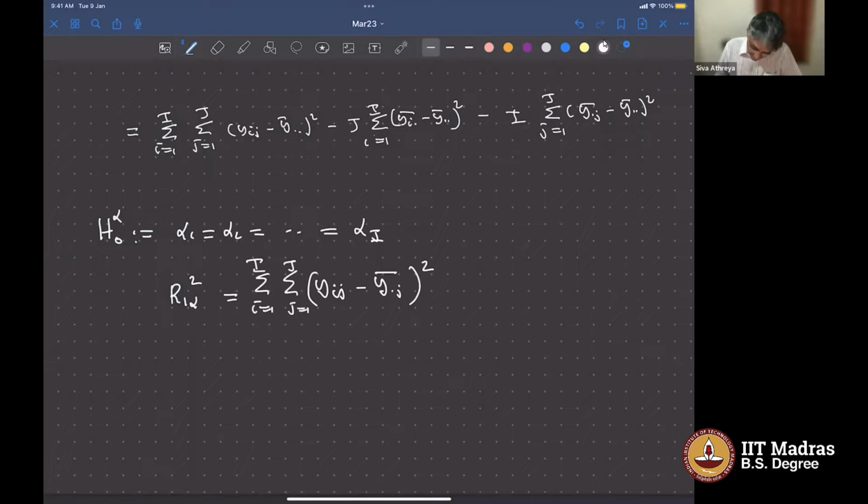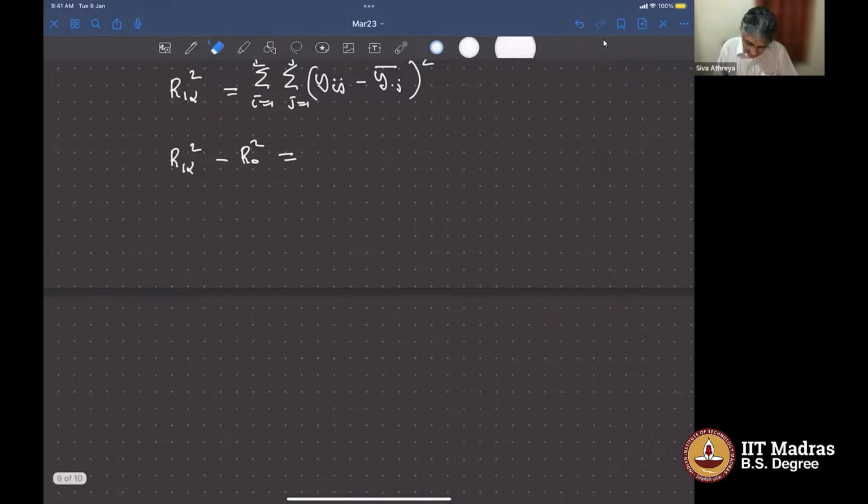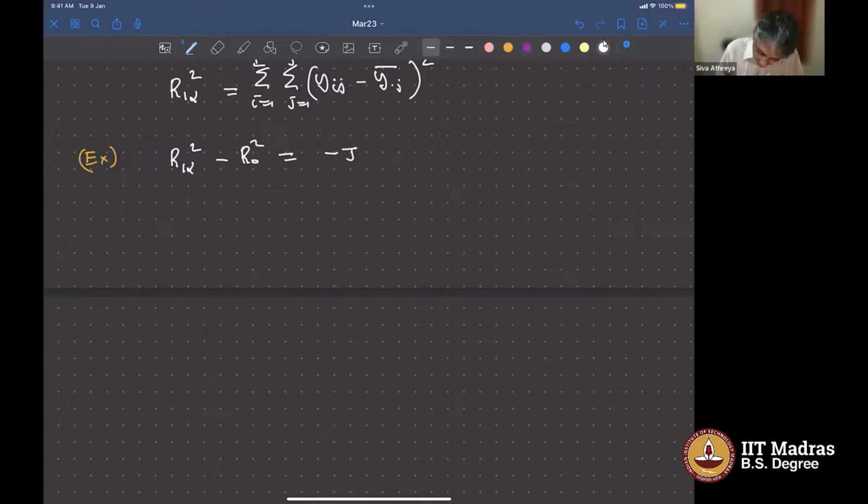But the key thing is that R1 alpha squared minus R naught squared, which is what you're interested in, is simple to check: it comes out to be J times the sum from i equal to 1 to capital I of y_i dot bar minus y dot dot bar, squared.